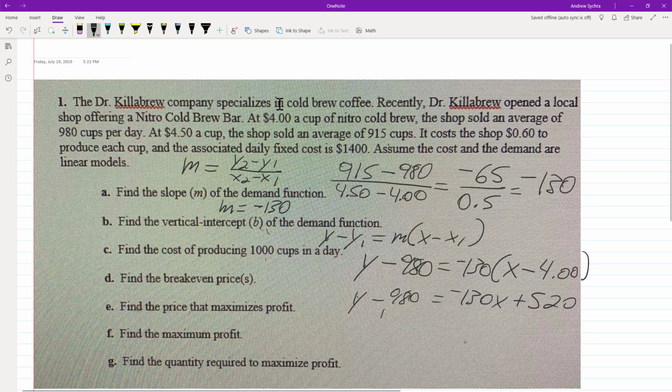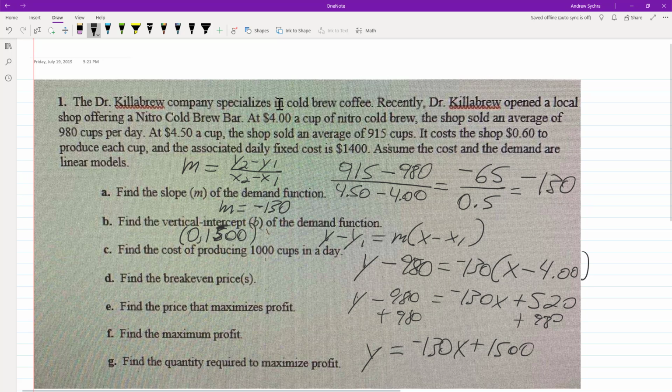And then we add 980, and what we end up with is y is equal to negative 130x plus 1500, which means if we plug in 0, the y-intercept, the vertical intercept, is going to be equal to 1500. So if we charge nothing for the coffee, we'll sell 1,500 of them. Probably be a lot more than that, though. And we'll go bankrupt. Okay, so anyway, 0, 1,500 is the result there.